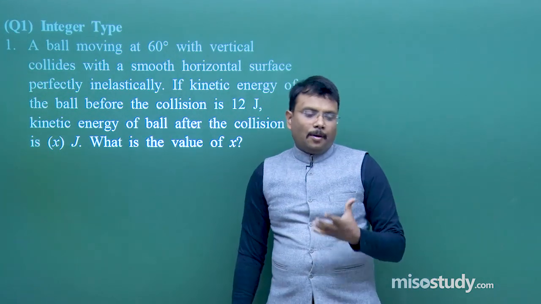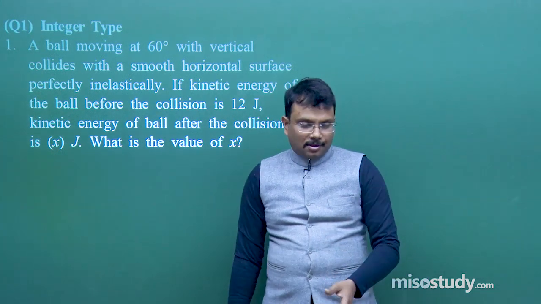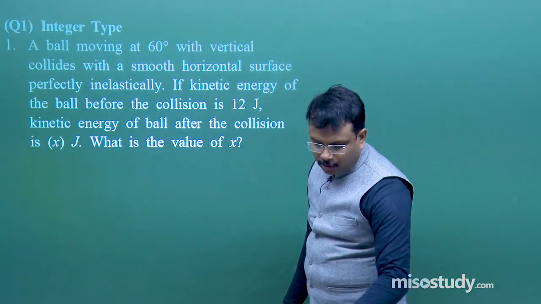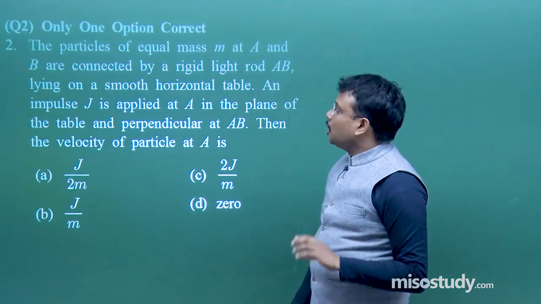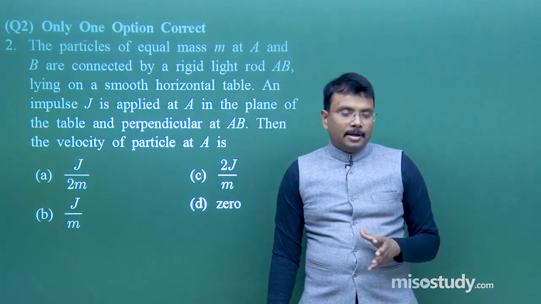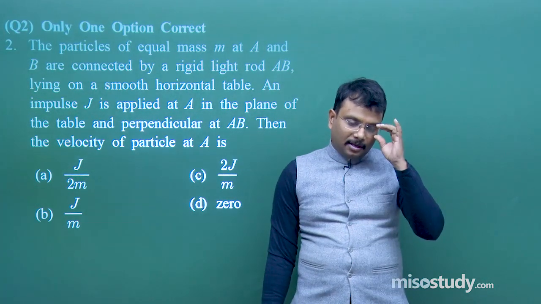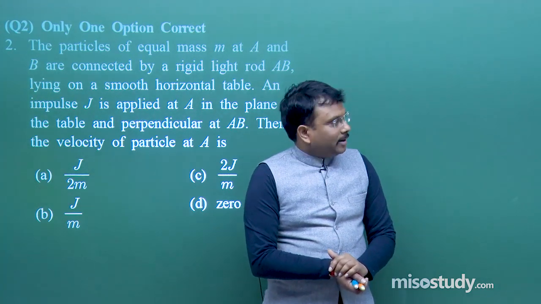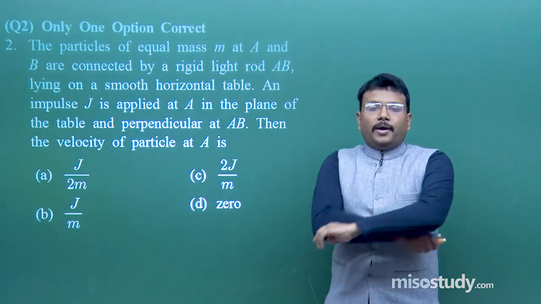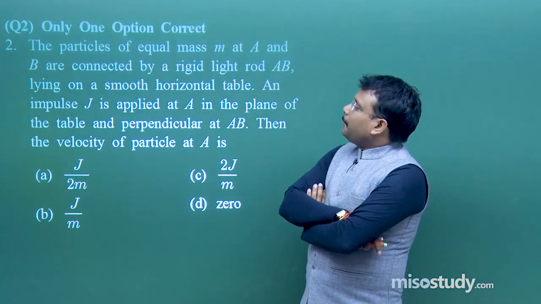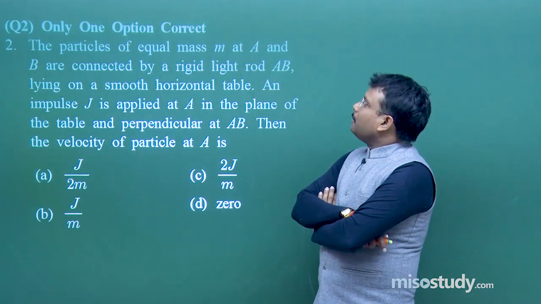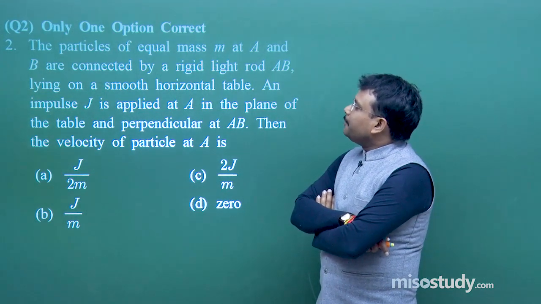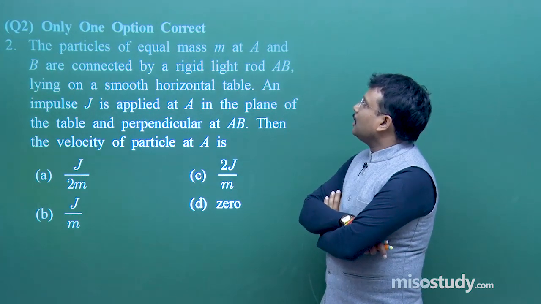Now from here I should go for the next question, which is going to be question number 2. Now over here only one option is correct in this particular question. Fine. Now what exactly is required over here? The particles of equal mass m at A and B are connected by a rigid light rod.